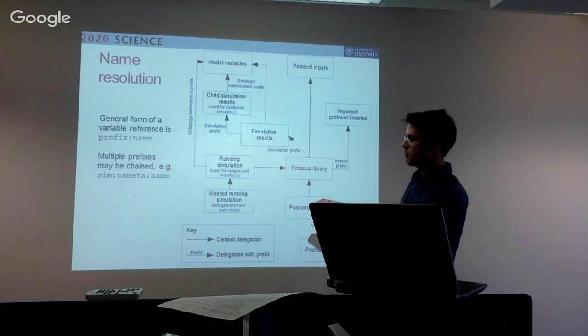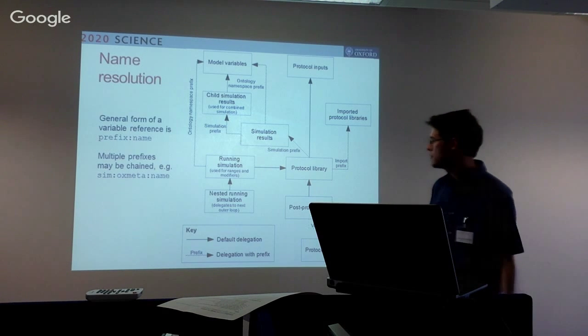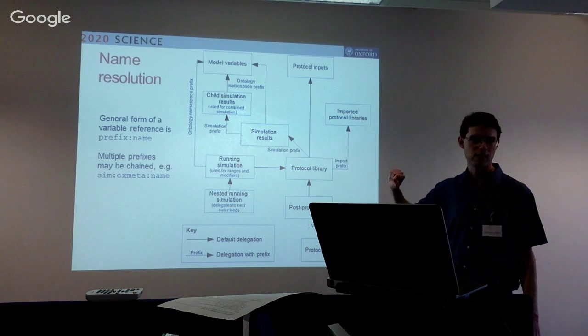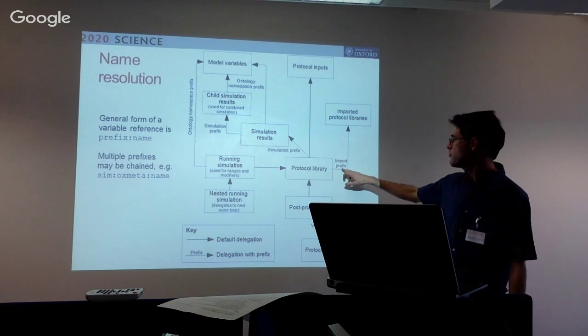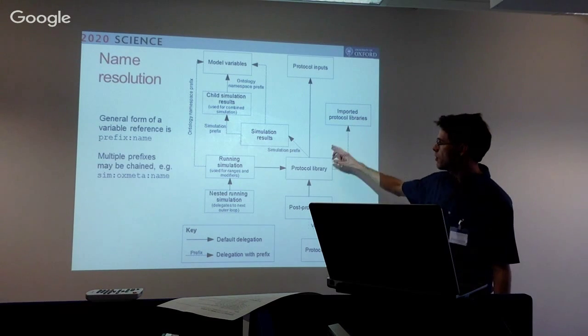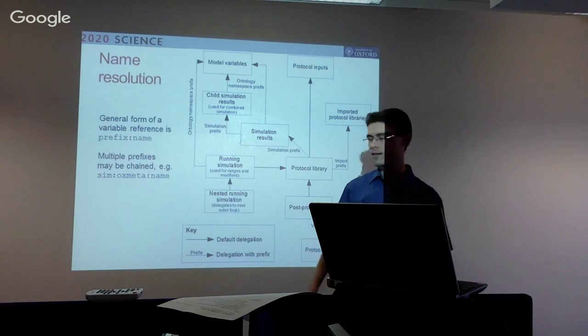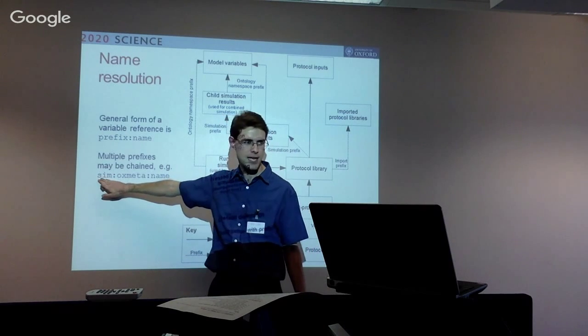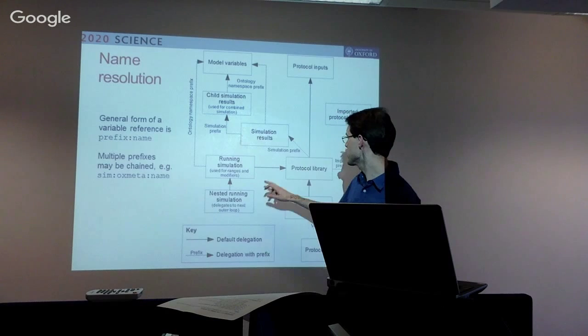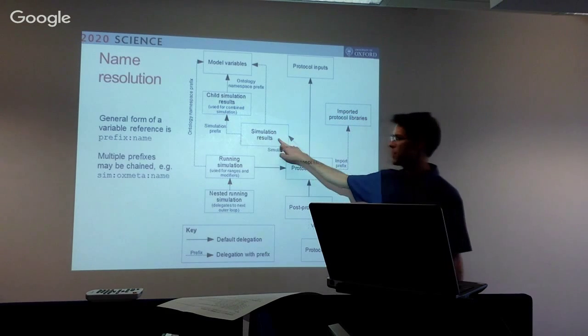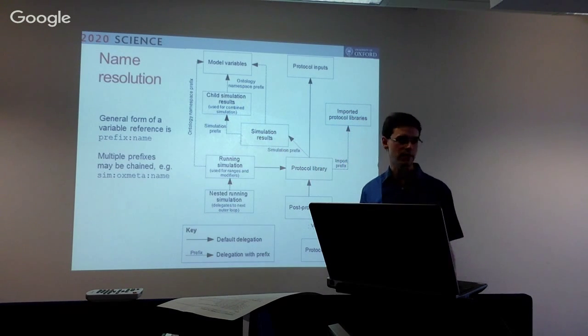If I have a prefix colon name, I start following the dotted arrows at some point. So if I have either an imported protocol or a simulation that has a name matching, say here, sim, okay, I've got a simulation called sim, so I'm going to follow the dotted line to that simulation's results and look for the name there.